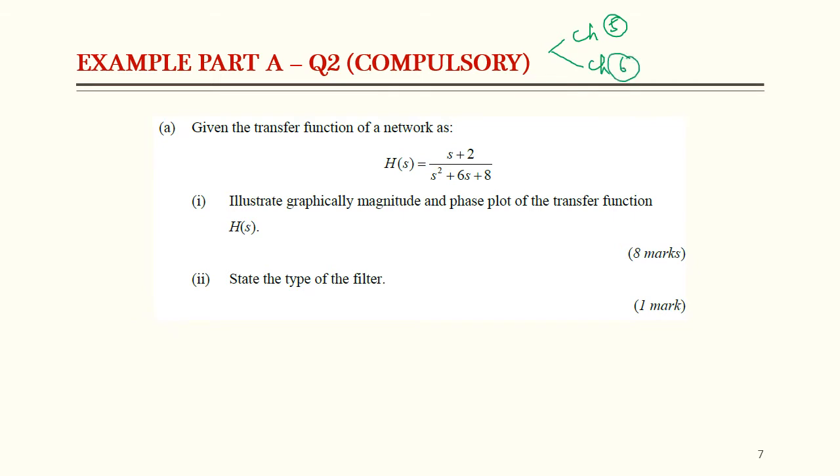Given a transfer function, so obviously this is from chapter 5. Given the transfer function, illustrate graphically the magnitude and phase plot of the transfer function. So in this case, you need to sketch your Bode plot. So what do you need to do before you plot a Bode plot?